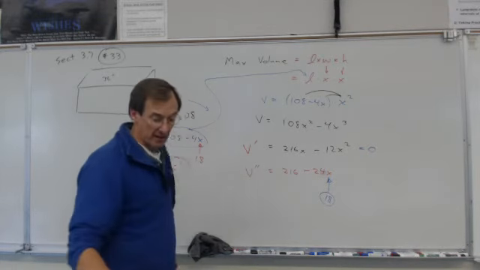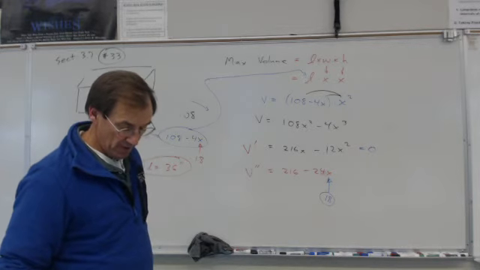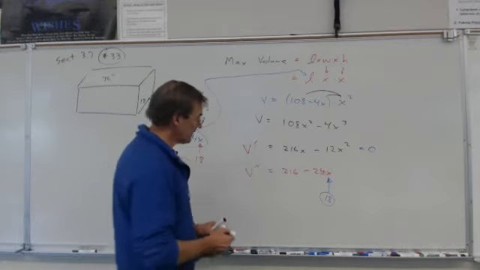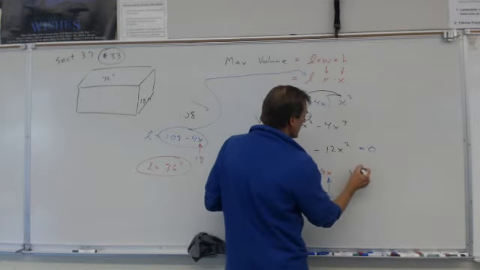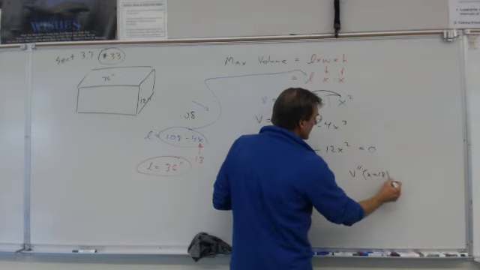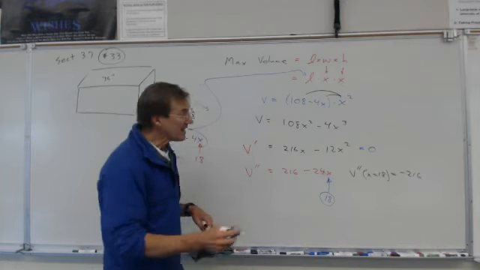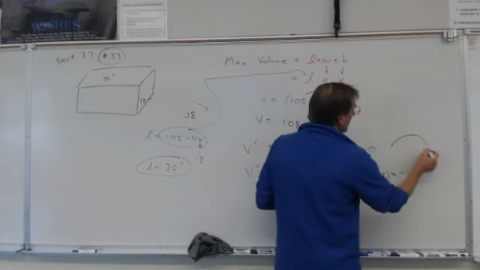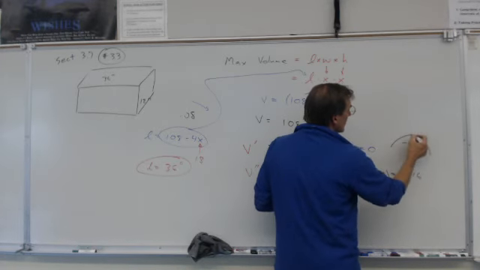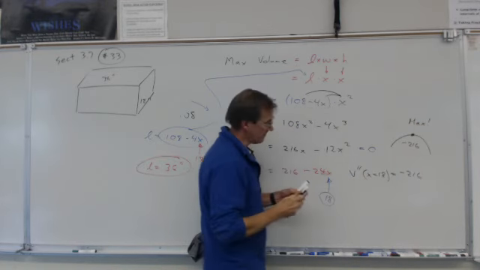So I'm just going to do that on my calculator: 216 minus 24 times 18, and I get negative 216. So V double prime, when x equals 18, is negative 216. And of course, a negative value means that we have a maximum. So that's exactly what we want.